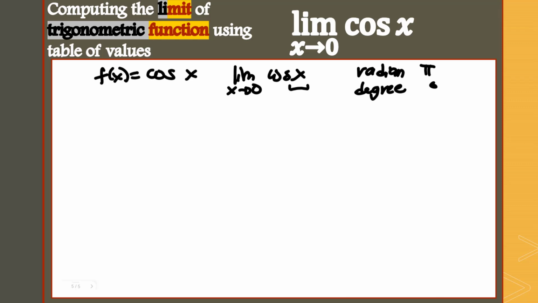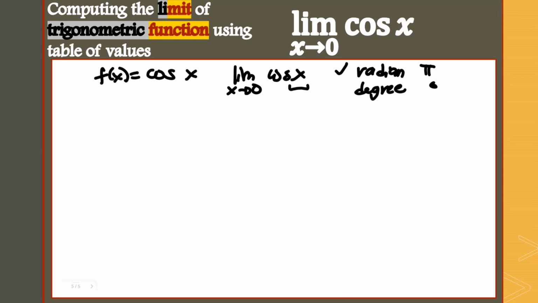But let us set our calculators or this table first using radian measurement, but instead of using pi's, let us have specific values closer to 0 from both left and right. Let me use -1 to +1 in terms of radian measure. Make sure that your calculators, as we try this later, are expressed in radian measurement. But definitely, if we're going to use degree measurement, the possible limit will still be the same.